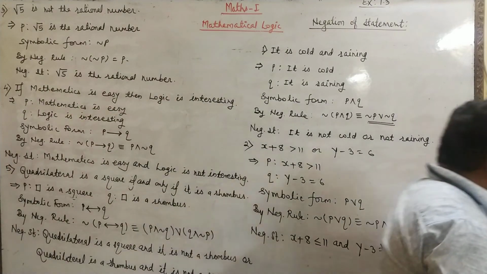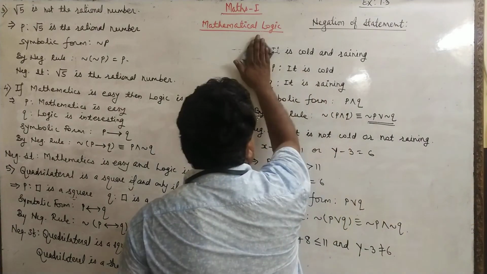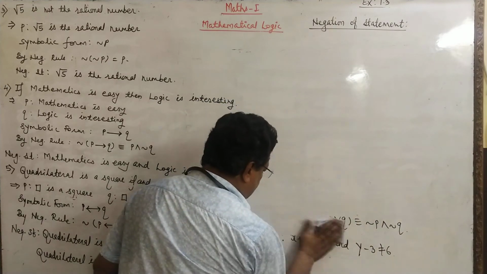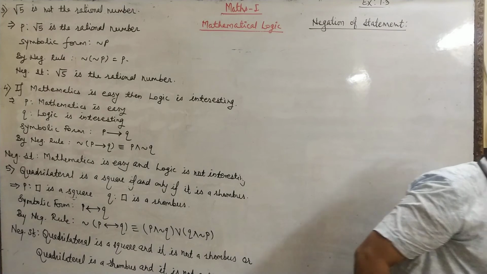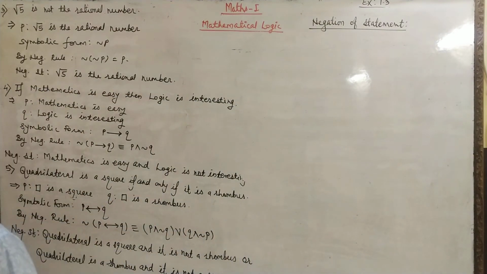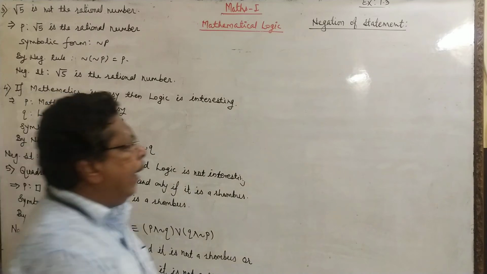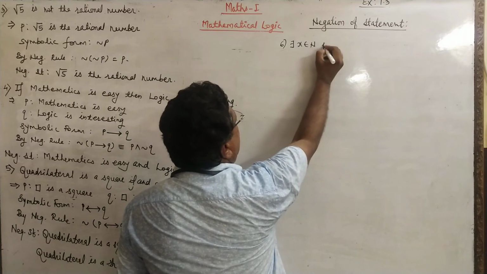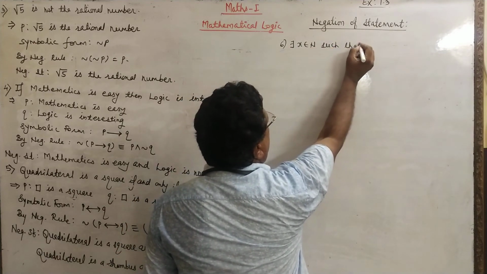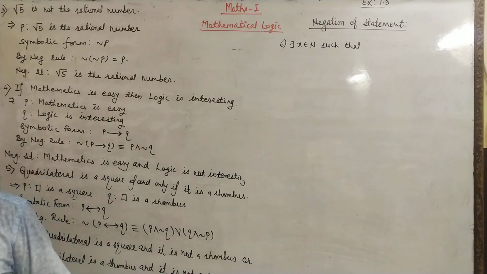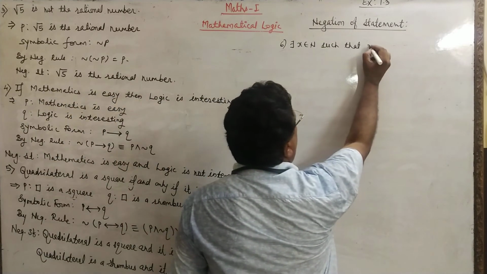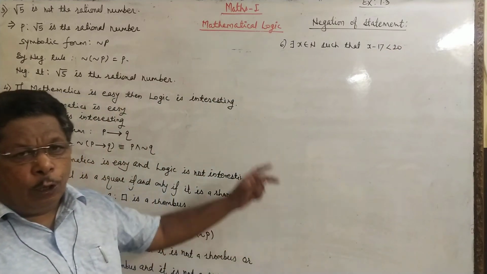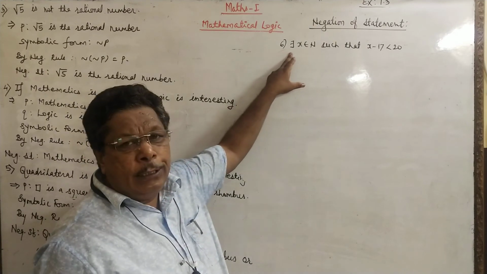Okay, now we'll see the next one. There exists x belongs to N such that x minus 17 is less than 20. We have to write the negation of this statement. This is an existential quantifier.